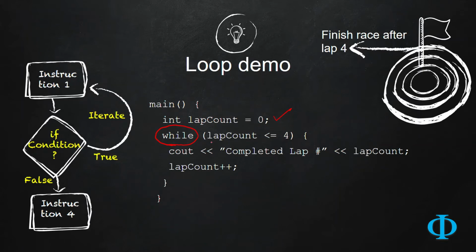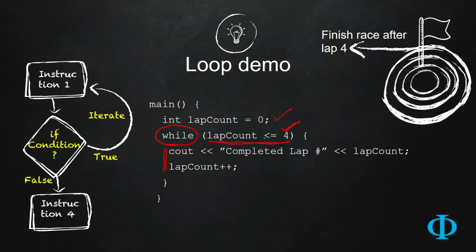Inside while you have to write the condition for how long the loop should be executed, that is, how long the instructions will be iterated. So here the condition is lap count less than or equal to 4. It started with 0, and you are instructing the program to execute the statements inside the while loop until this condition holds true.